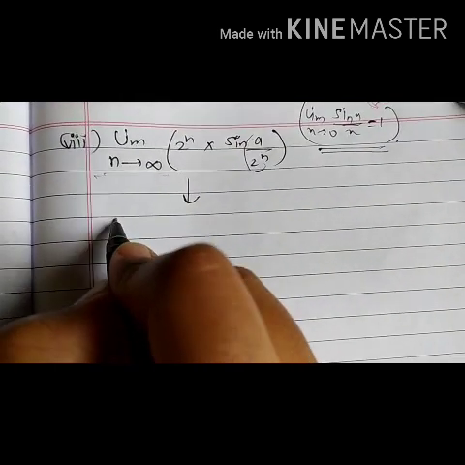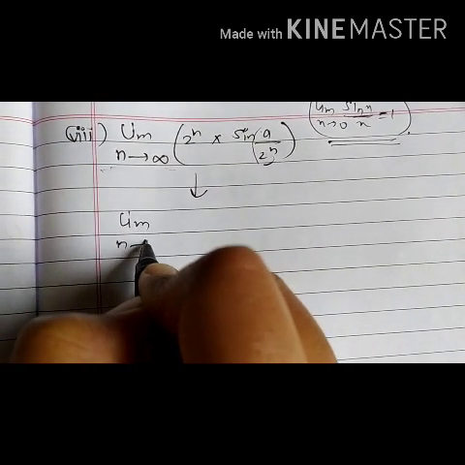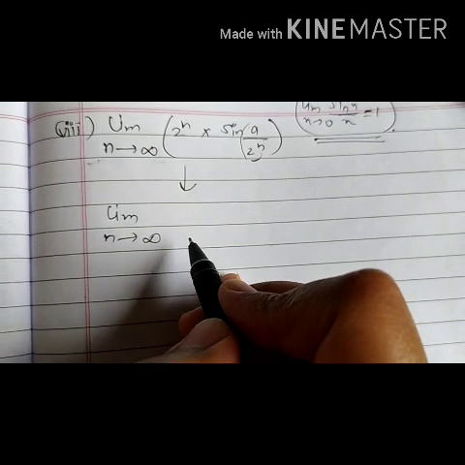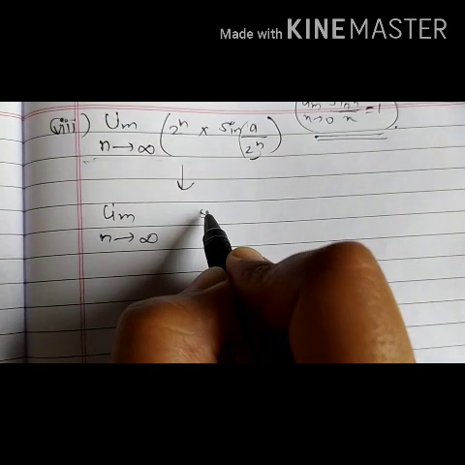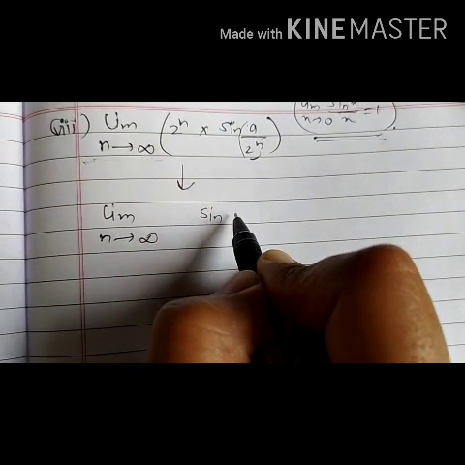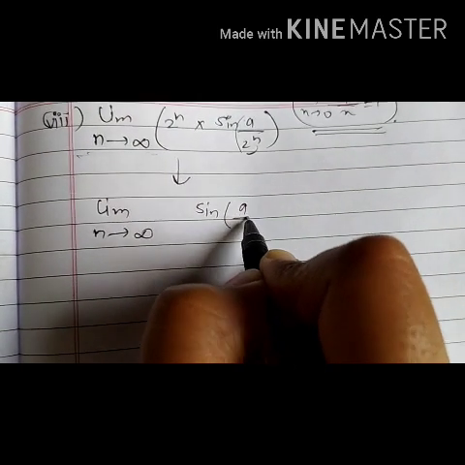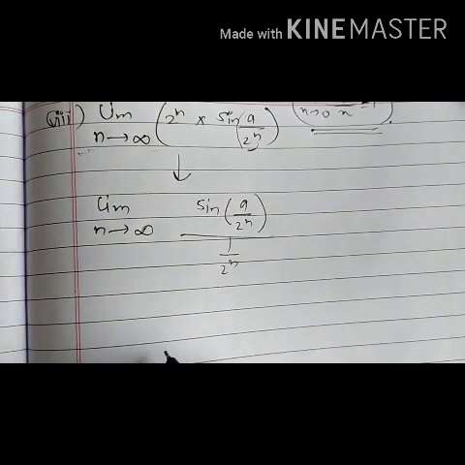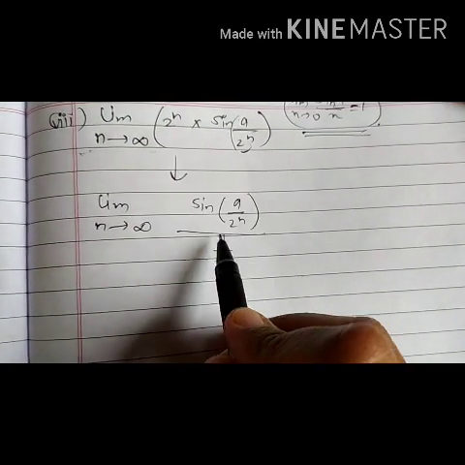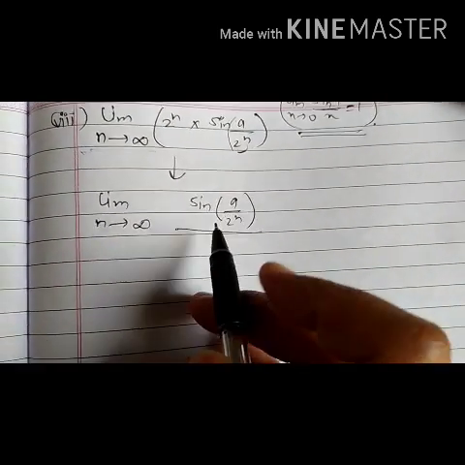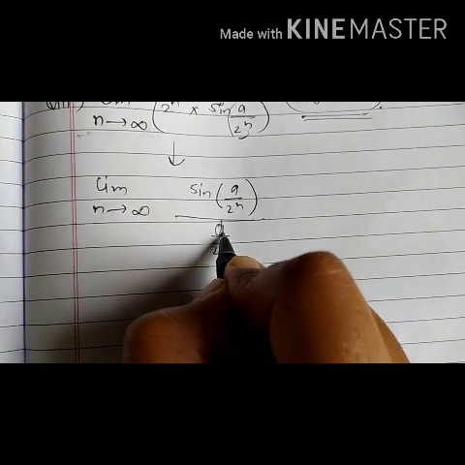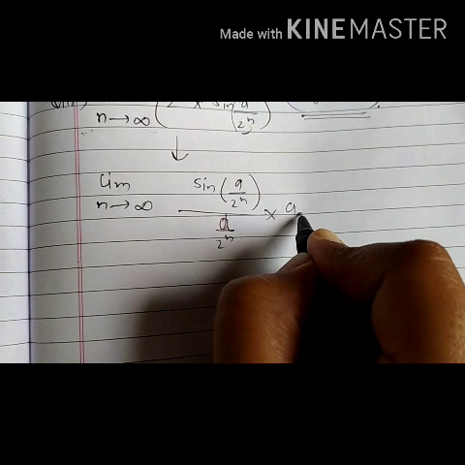We'll write limit n tends to infinity. Now this 2 raised to n, can we write in the denominator in the form of its reciprocal? So it will be sine of a upon 2 raised to n whole thing divided by 1 upon 2 raised to n. Now we need the angle of the sine function in the denominator, so we need a here. We'll divide and multiply with a.